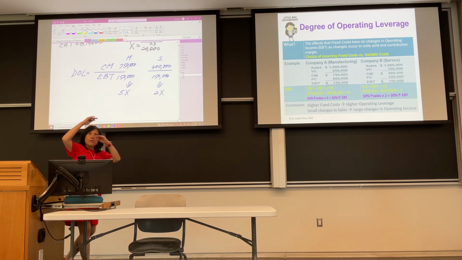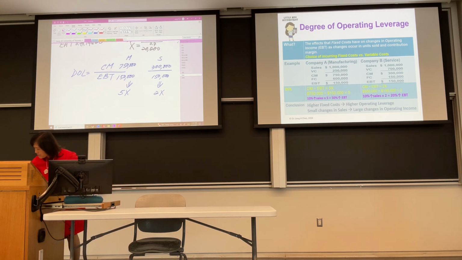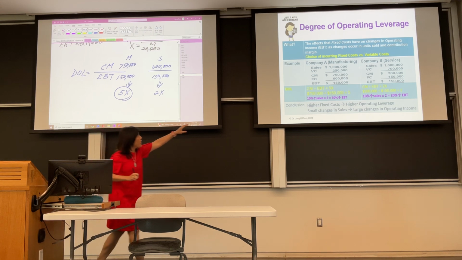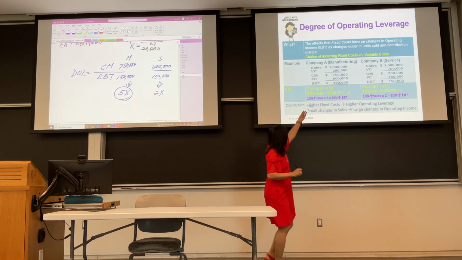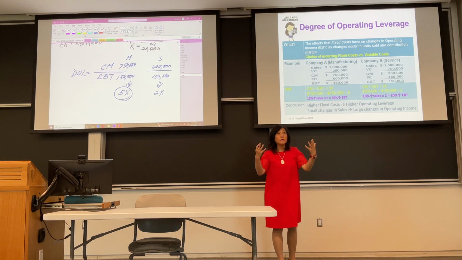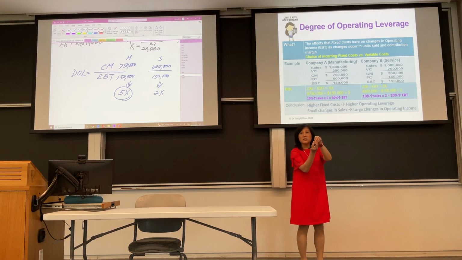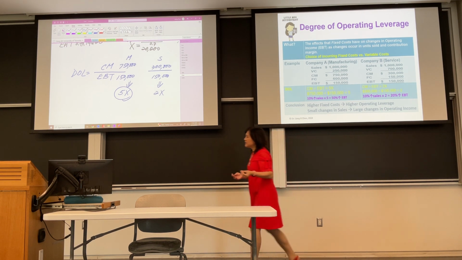We are looking at the ratio between the contribution margin and the profit. Why is it big? Because we subtract a big fixed cost, so the EBT is smaller. A big amount divided by a smaller EBT, you're going to have a bigger DOL. For the other, you subtract a smaller fixed cost, so the ratio is not very big. So what does this mean?